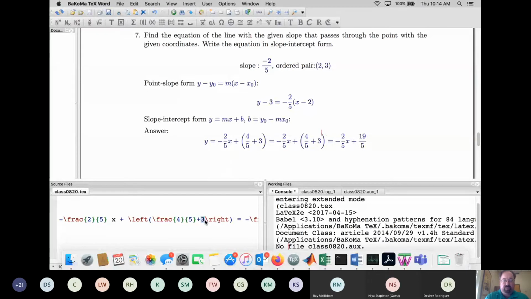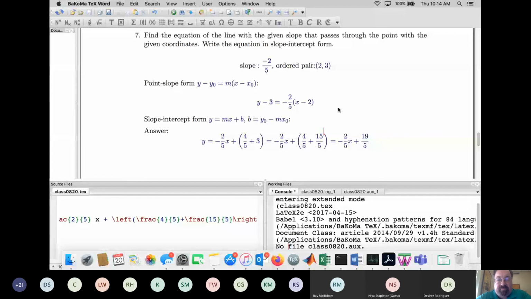So you're going to rewrite the 3 as 15 over 5. And then you can add the numerators, and that's how you get the final answer of 19 over 5. So very common task. Some of you may feel that it's a very rudimentary task, but I've seen enough people in this class make mistakes that I wanted to harp on it a bit. Okay.